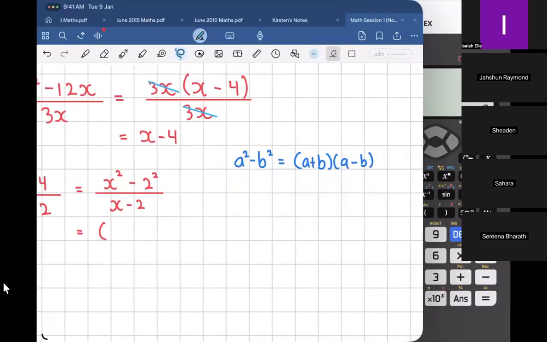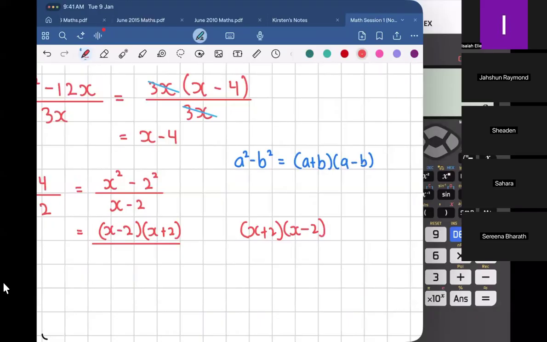So tell me how to factorize it. I have x squared minus 2 squared. How about factorizing that? X minus 2, and then x plus 2. Yes. Joshua, if I wrote x plus 2, then x minus 2, would it be wrong or would it be correct?